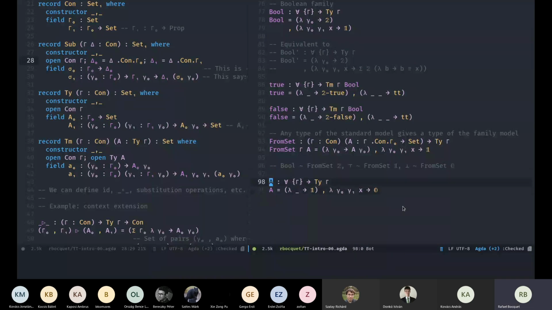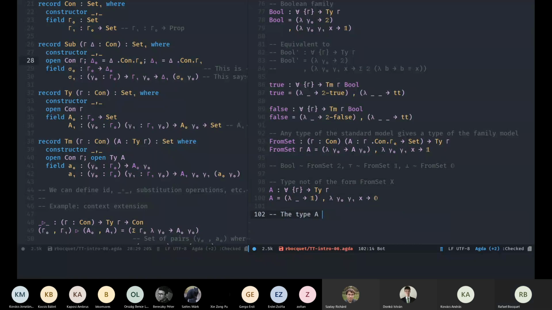Okay, and this type A will be quite interesting because it turns out that it can be used to prove the law of excluded middle does not hold for A in the family model.